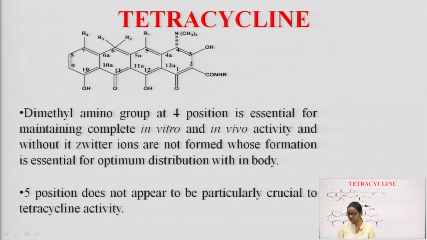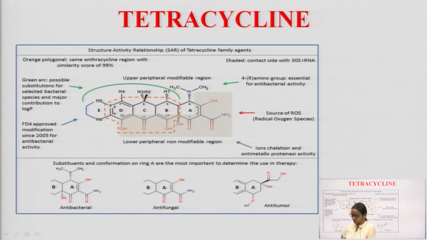Now, coming to the main point, I have told you earlier also, that this is the general structure of any tetracycline. What we have seen: the lower peripheral region is the non-modifiable region where the alternate double bond, O, OH are present, they cannot be modified. But the modifiable region is what? R1, R2, R3, R4. The upper peripheral region is the modifiable region, right.